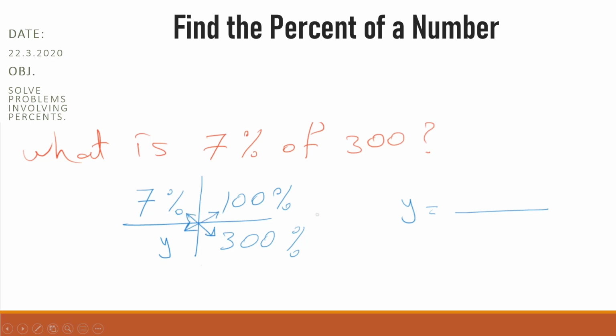We are going to multiply 300 and 7, and down in the denominator will be 100. So y equals, remove the zeros. 7 multiplied by 3 is 21. So the answer is 21.